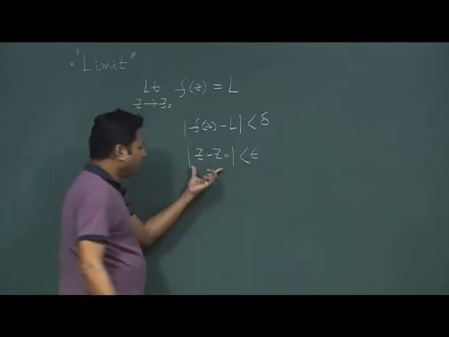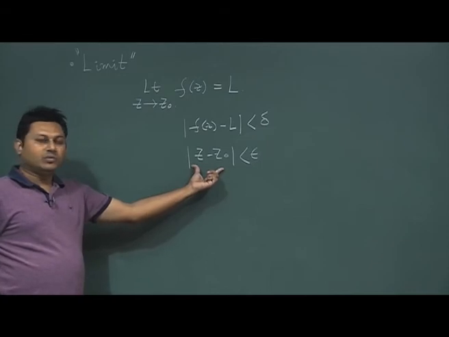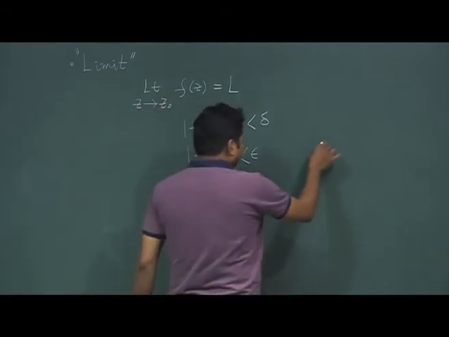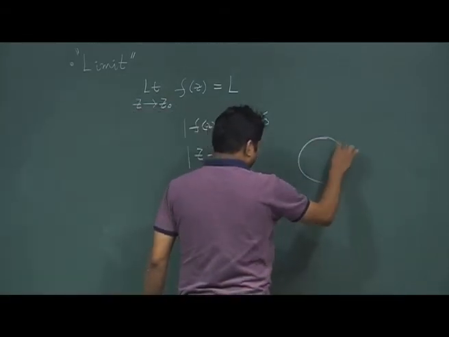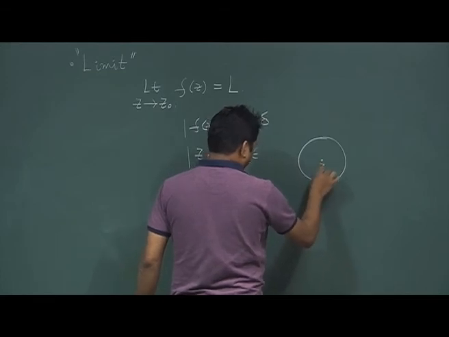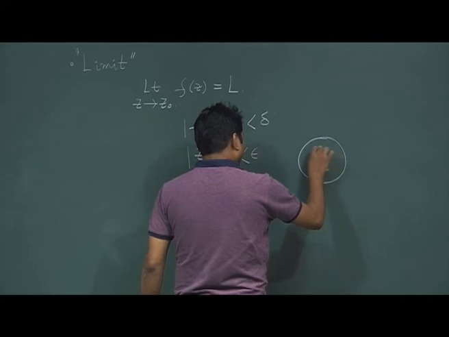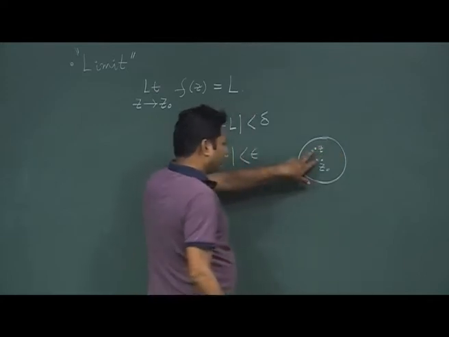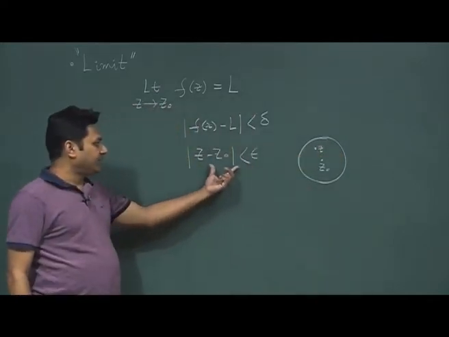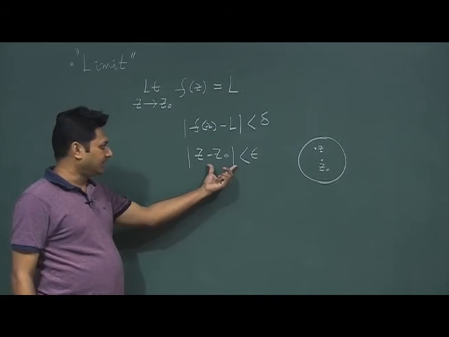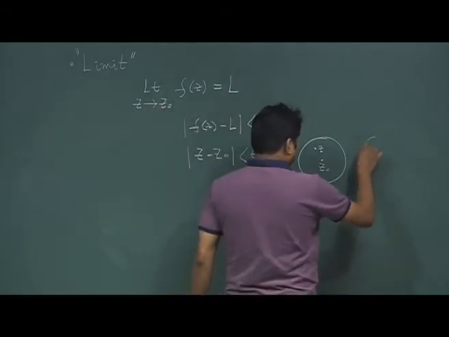You can understand that this is basically a circle in the neighborhood of z0. I have a point z here, approaching this point z0 with the condition that it should be less than this.